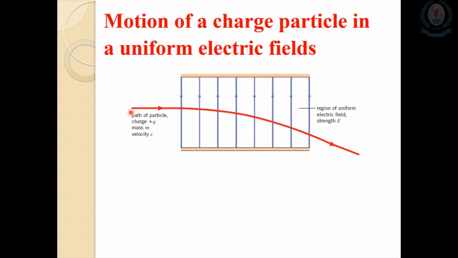So here the pathway is given. Here a positive charge of mass m enters with a velocity, horizontally. So here is the region of uniform electric field. How can we say it is uniform? Because the field lines are parallel and equispaced.